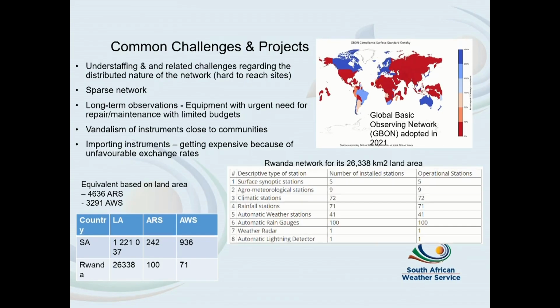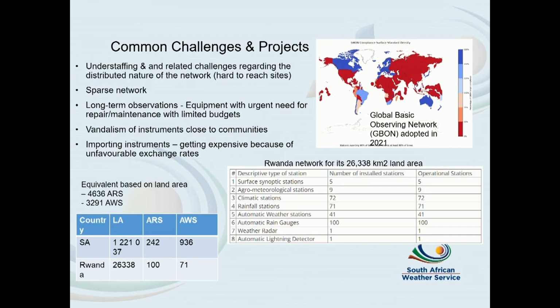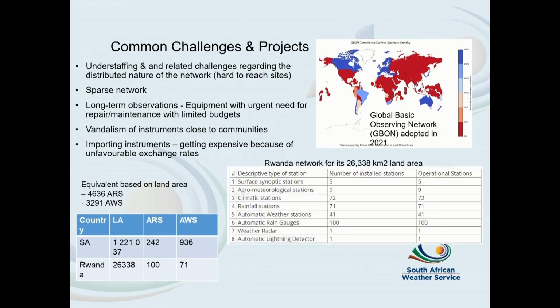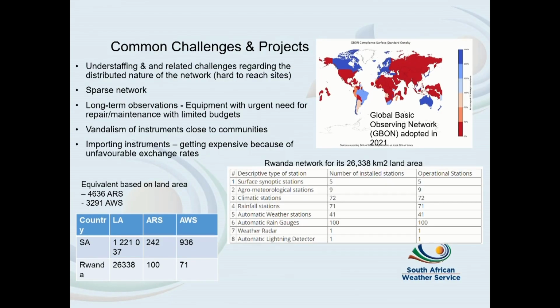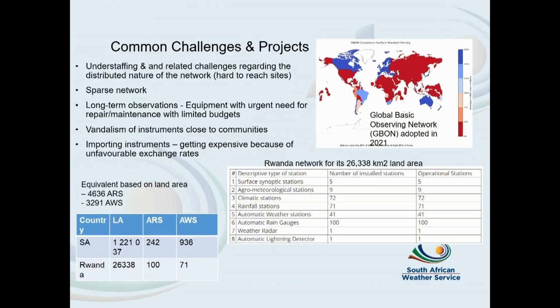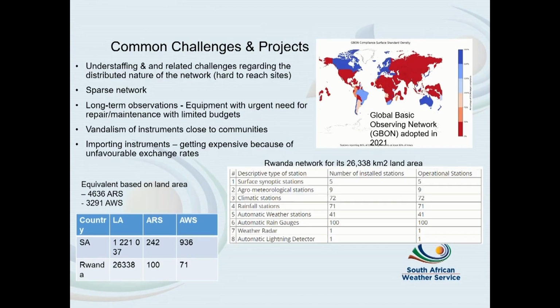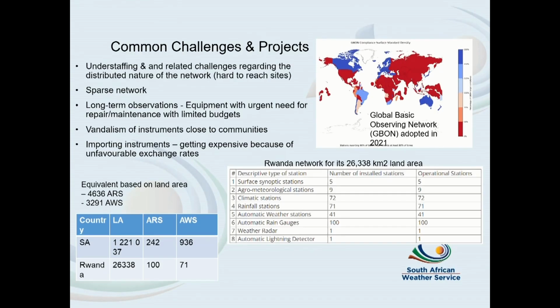And there are also challenges regarding the distribution of networks. We don't have all the stations in the areas where we would like to have them, mainly because some of the land is owned by private people, and they don't want to have a station within their land, which is understandable. So these are some of the challenges of the SAWS network.